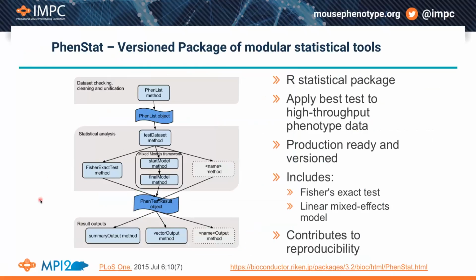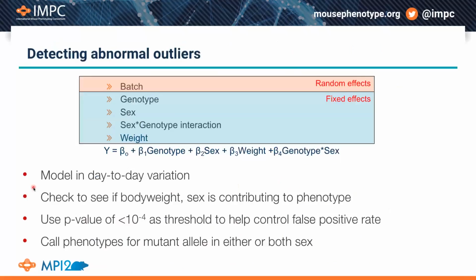As data comes through, we look at things like is the data categorical, continuous, image-based, and so forth, and we put the best statistical test that we think appropriate to that, and then generate phenotype associations. One of the critical things we do is for all the continuous data, we use a linear mixed model, and so we model in body weight, sex interactions.